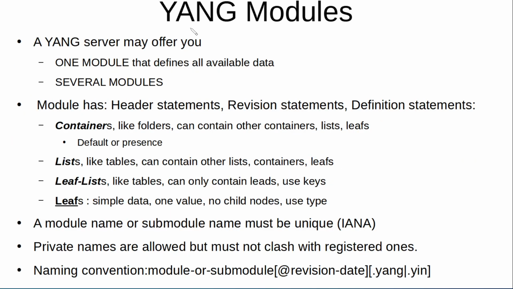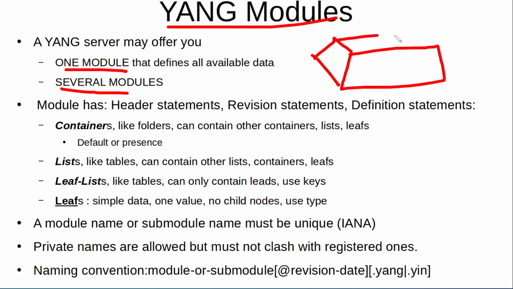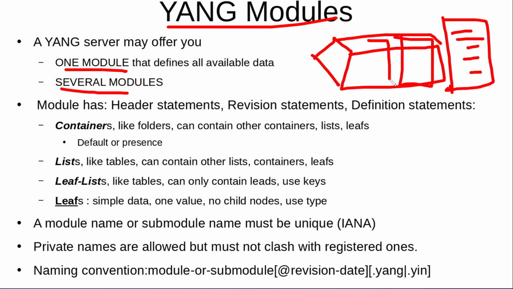So remember that you can have one model or several models. Remember that devices, as I just told you, will use several Yang models, not only one big one, but several. Many of these Yang models are known as deviations, because what is established in these Yang files are exceptions to the rule that is defined in the big or main Yang model.